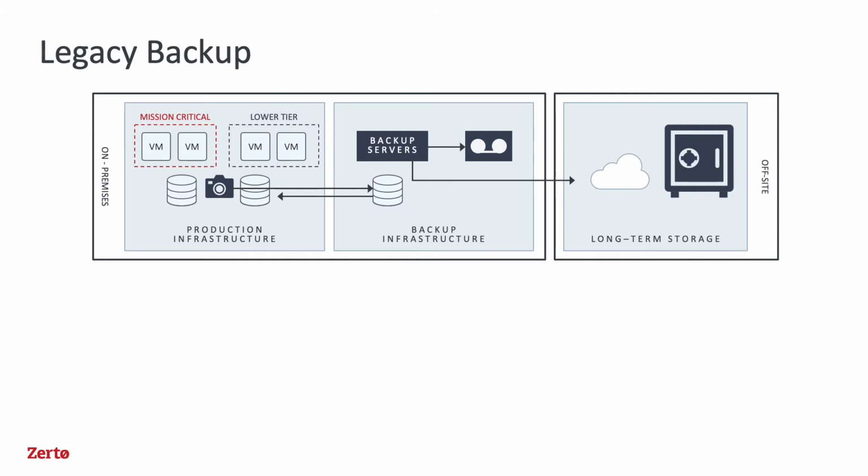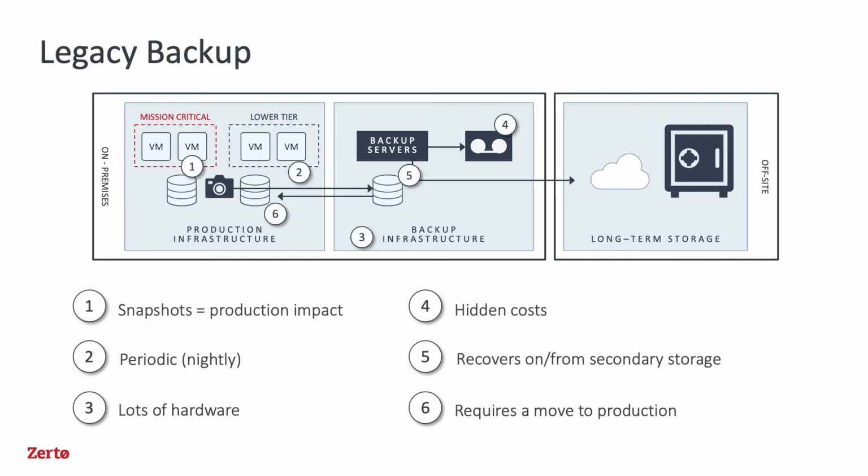There's a lot of challenges that come with this infrastructure, this approach, and the technology that is used to do so. The first thing is backup technology utilizes snapshots. So that leads to a massive production impact. And because of that production impact, most organizations have to deal with making periodic or nightly backups. So that's giving you windows of 24 hours where you might be unprotected and you have data loss as well, and even downtime.